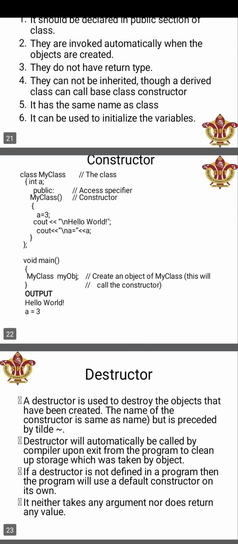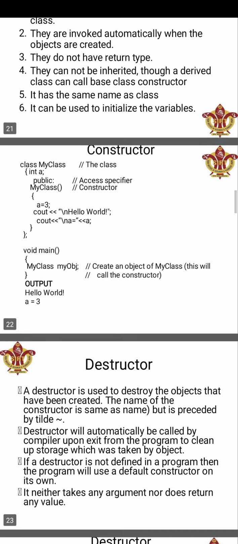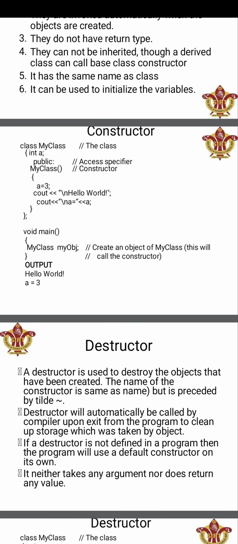It means I don't have to call this constructor specifically. Whenever I create the object, like in the main you can see my class space my obj, this constructor will be automatically called and executed. So the output of this program will be hello world in the first line, and in the second line a equal to 3. Thank you.